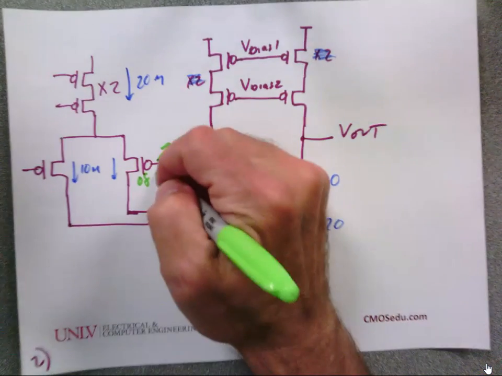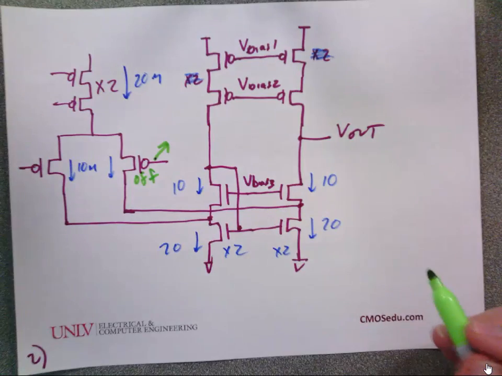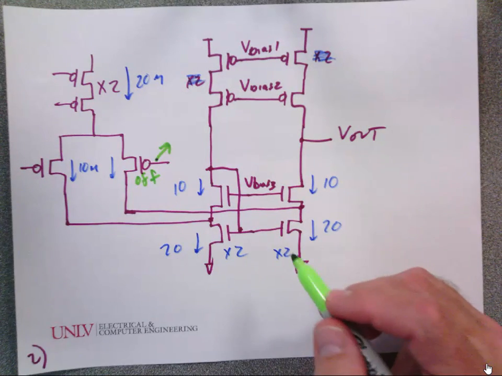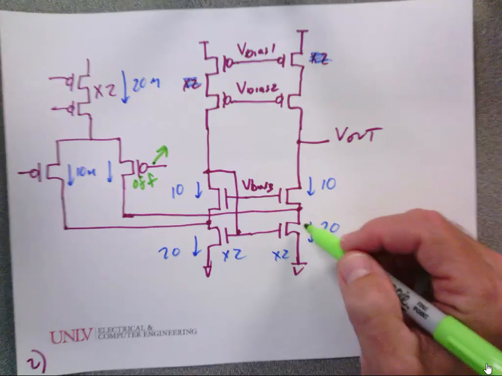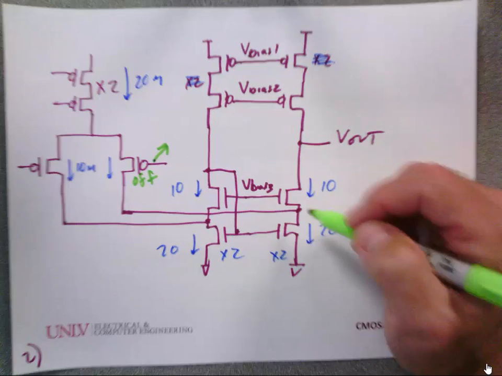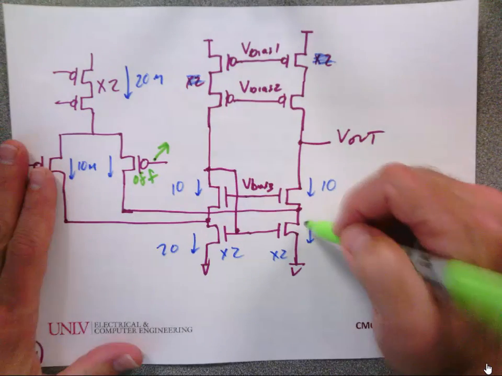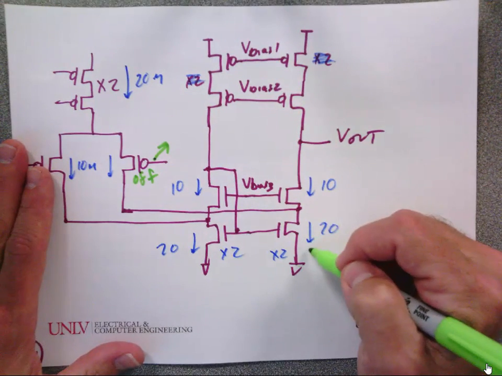And if it has less current, and I've made these bigger, what happens to the current flowing in here? It goes down, so this essentially sinks less current, so the current goes down.